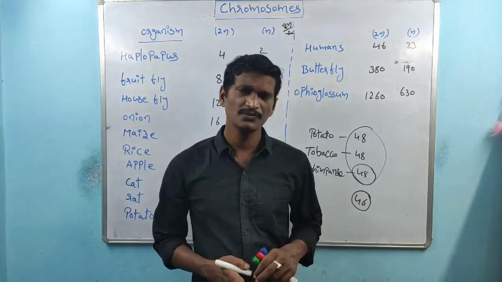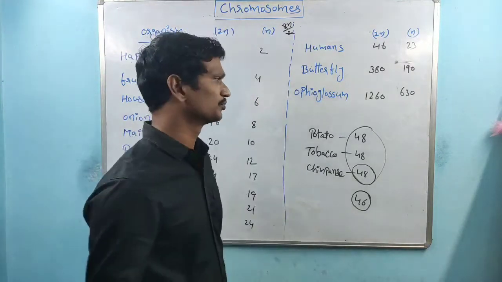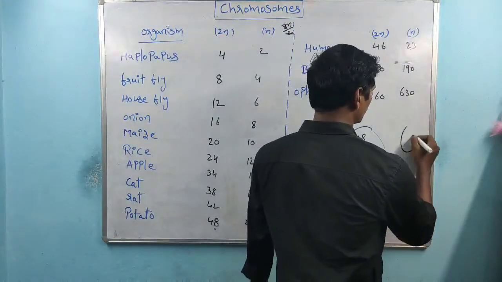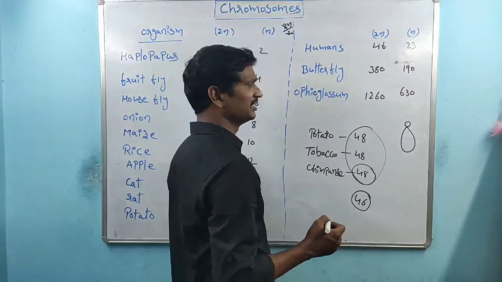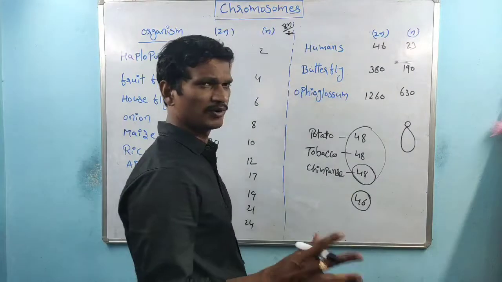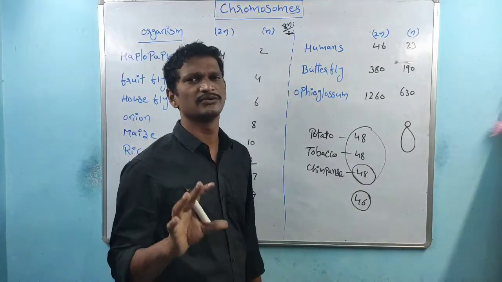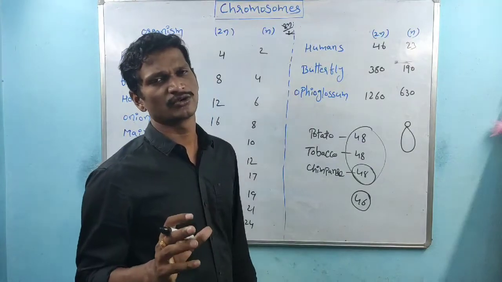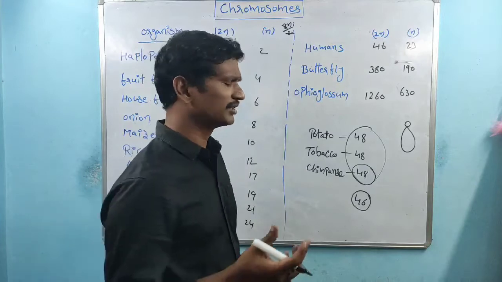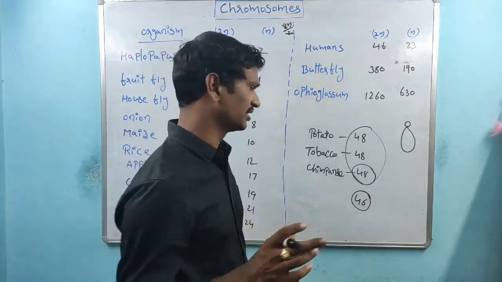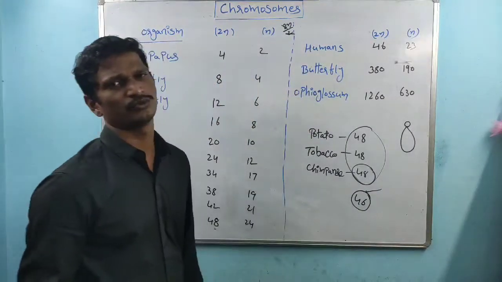See, of the 48 chromosomes, some chromosomes, especially some of the telocentric chromosomes seen in chimpanzees, are fused. Not all, only some. Finally the 48 chromosomes produce the 46 chromosomes.